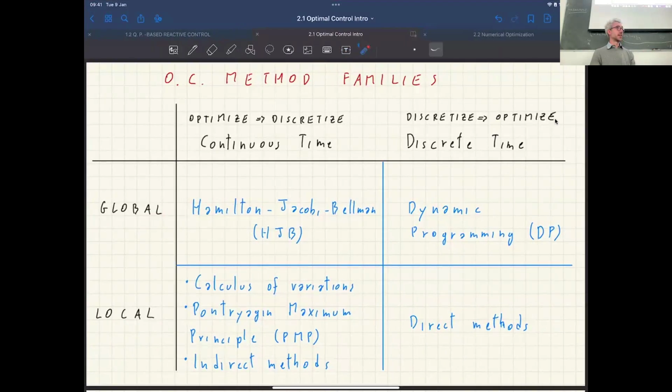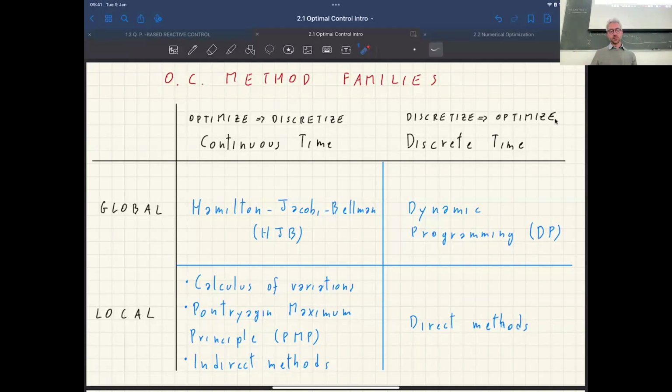Local methods instead are less ambitious. They're more pragmatic. They try simply to find a local minimizer to the problem. So a solution such that by moving locally, you cannot improve. In general, a local minimizer might be terrible compared to the global minimizer.